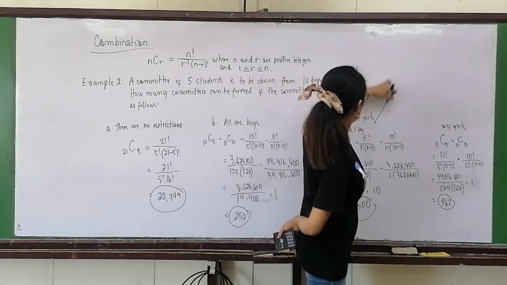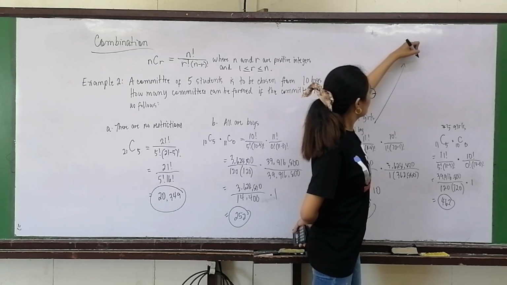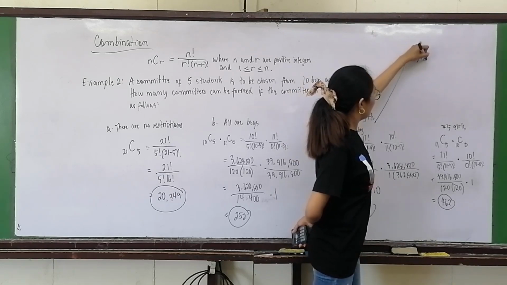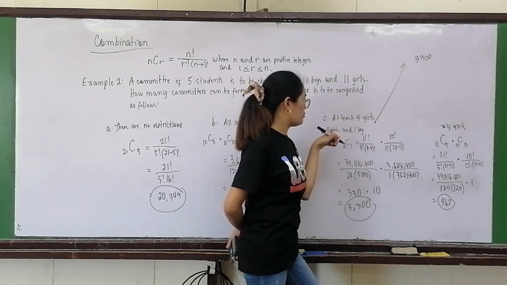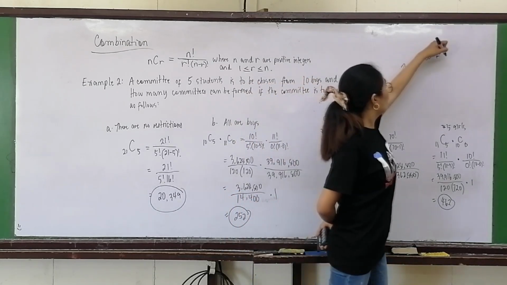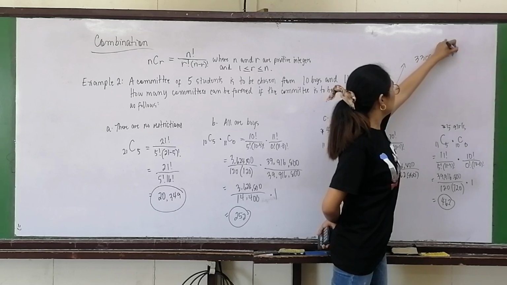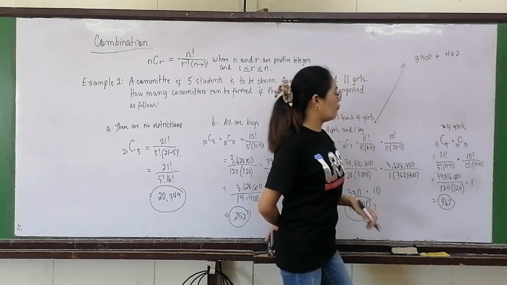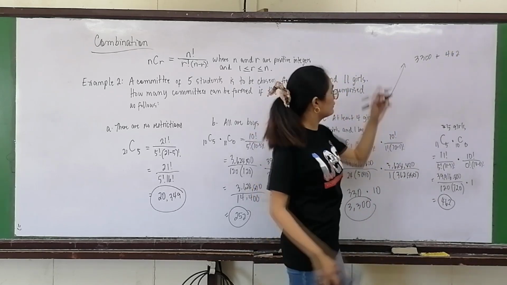Then, continuing, we have 3,300 combinations of forming 4 girls and 1 boy, plus 462 combinations of forming 5 girls.